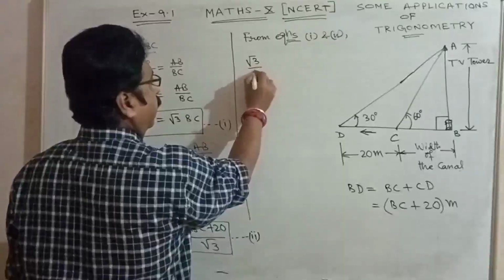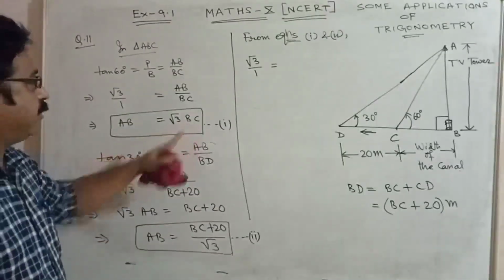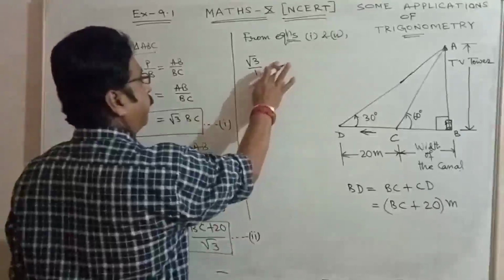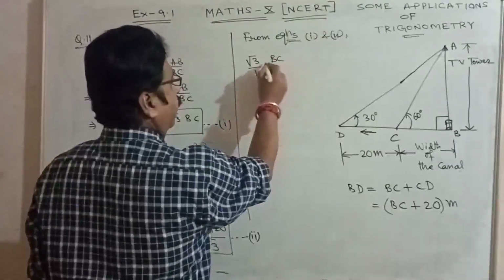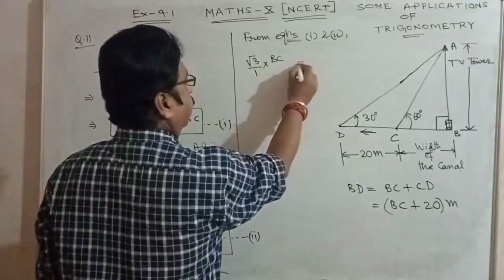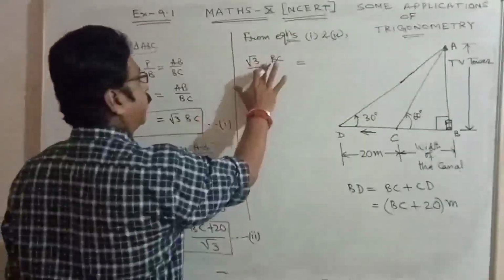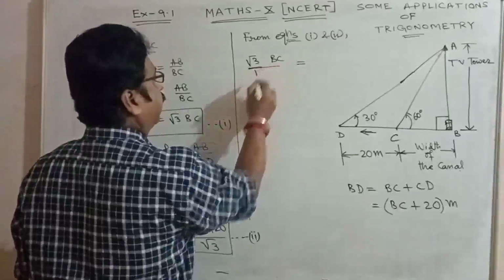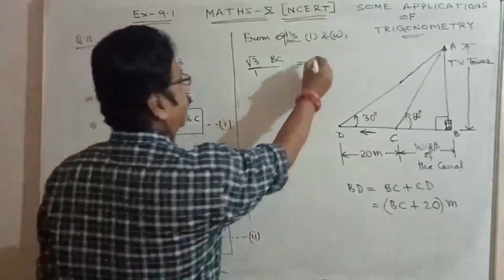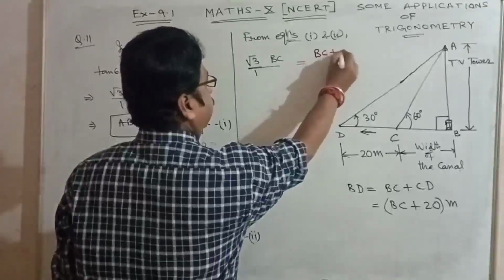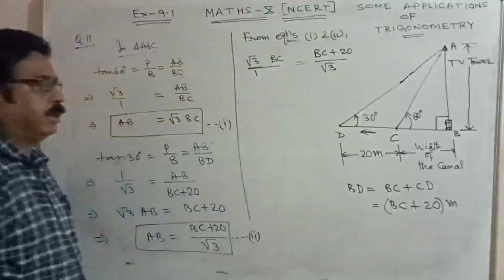Root 3 upon 1 into BC equals to, you can write this like this, root 3 BC upon 1 equals BC plus 20 upon root 3.